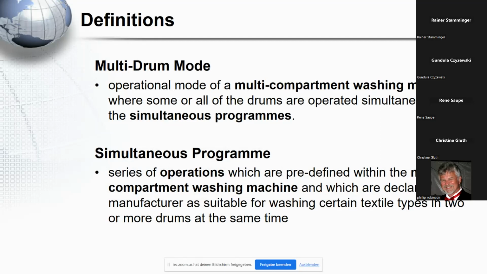So what we are looking at today is the simultaneous program. Means it's a program which is running 2, 3, however many drums simultaneous and working together to wash certain types of textiles at the different drums at the same time.